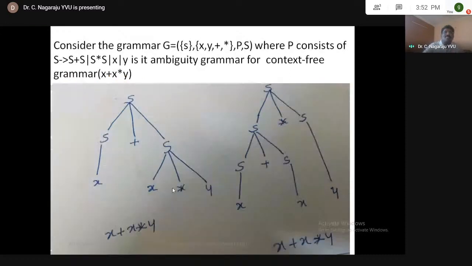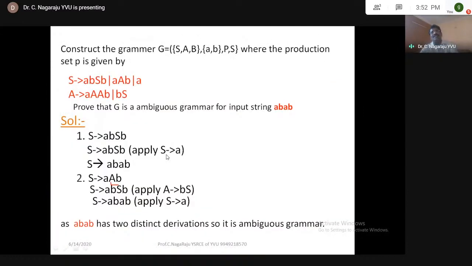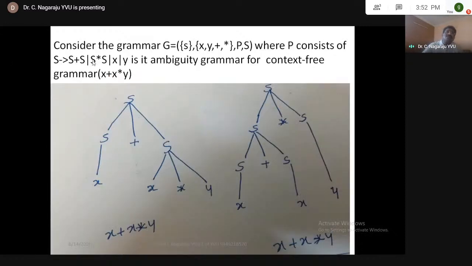For this one, I have only taken the derivations and productions. But now you see, consider another grammar G, where the set of non-terminal symbols is only one, the capital S. Sigma is the alphabet x, y, plus, star, and P is the production, S is the starting symbol.